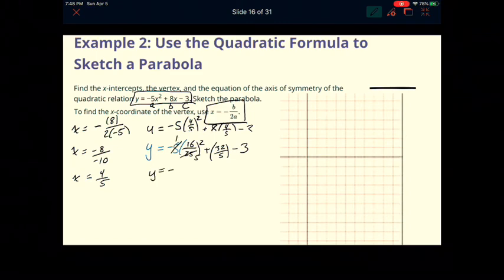I end up with negative 16 over 5 plus 32 over 5 minus 3. You know I like my fractions, but the book has jumped us into decimals at this point, so we're going to follow them.